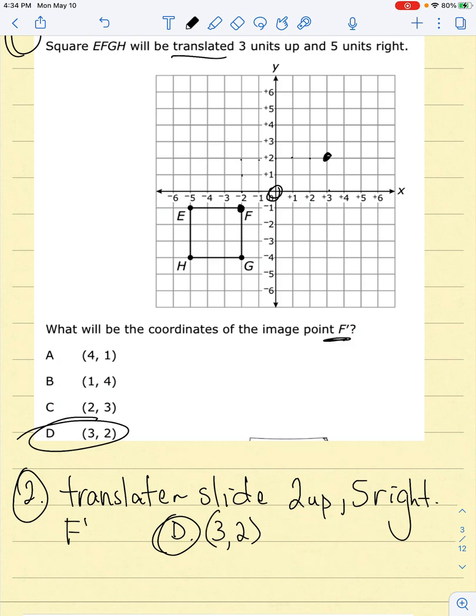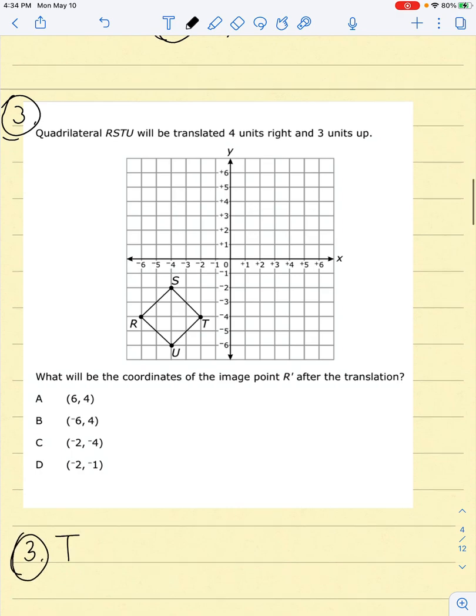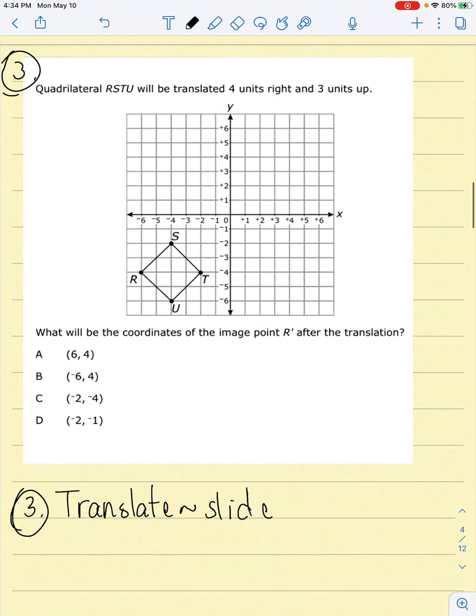Okay. Number 3. Again, we have another one that says to translate. So I want you to remember that translate means slide 4 units right, 3 units up. And it says, what will the coordinates for R prime be? So I'm writing that down, so that's the important information you need to focus on. R is here, and I want to move R, slide.